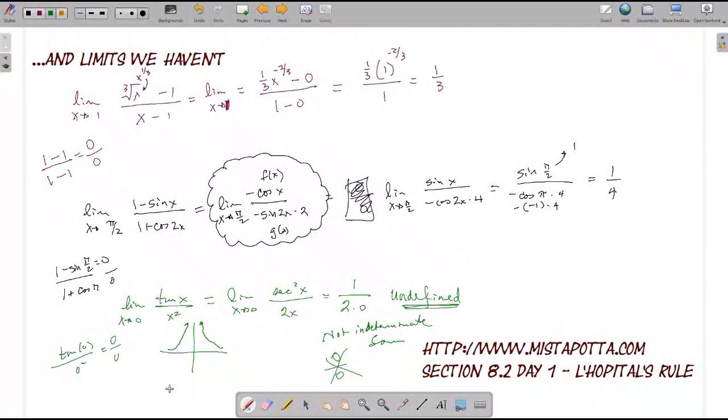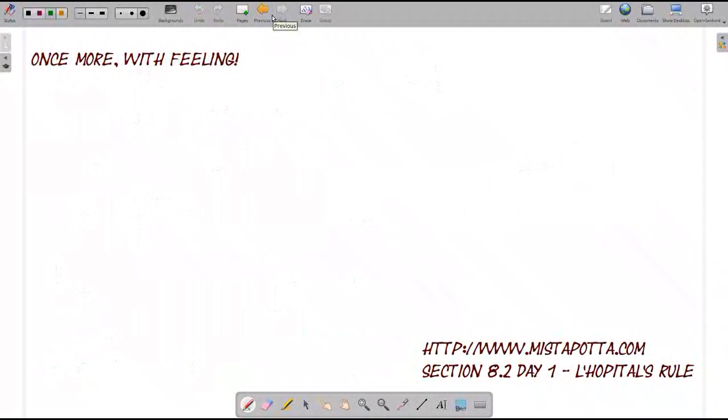So I want to do one last example of something like this, something where taking L'Hopital's rule once isn't enough because I still end up with an indeterminate form. So I want to do one last example here.